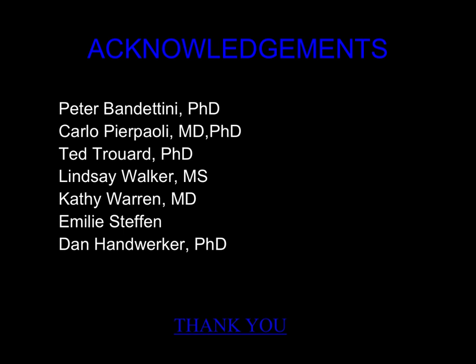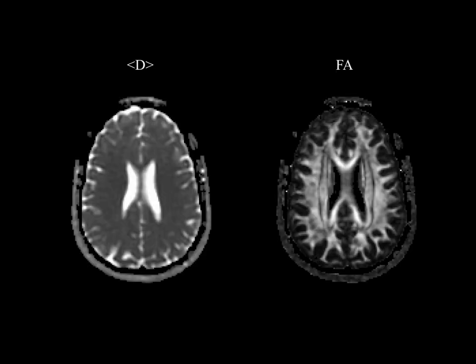So if I go, let me find that slide. So here, for example, the mean diffusion coefficient is quite consistent, and this is all healthy white matter, right? But the fractional anisotropy is very low here compared to right next door, and the reason why the fractional anisotropy is low there is just what you were asking about, and is the fact that there is white matter running in more than one direction.